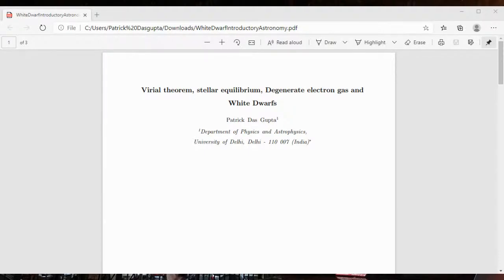Yes, Priyamvada, you're right that although Betelgeuse is showing a lot of variability, we cannot be sure whether it is going to turn into a supernova in another 20, 30 years or 10,000 years. We cannot be sure.